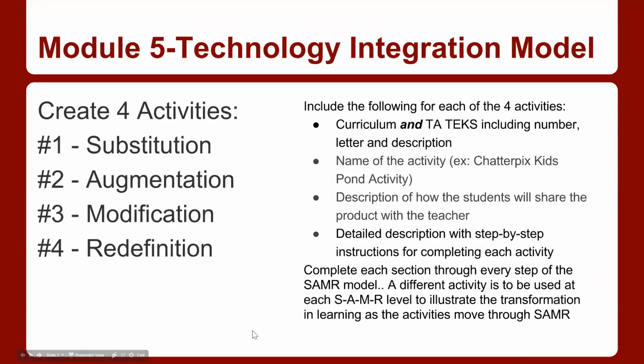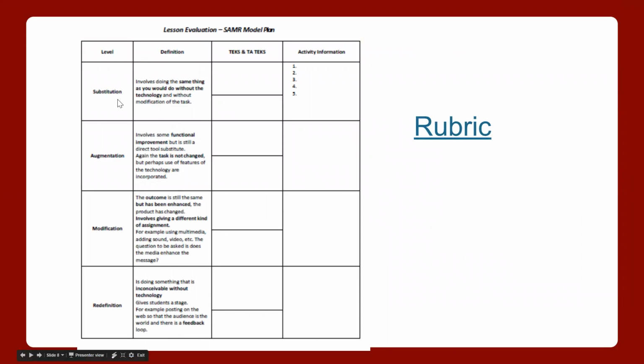Here is an example. I'm going to go on one more page just so you can see the template and we'll come back. Here is that template: substitution, augmentation, modification, redefinition. Okay, substitution involves doing the same thing without technology as you would do with it, just substituting it, okay? Here is where you put your text into your A-text, and then here are those steps for that activity.